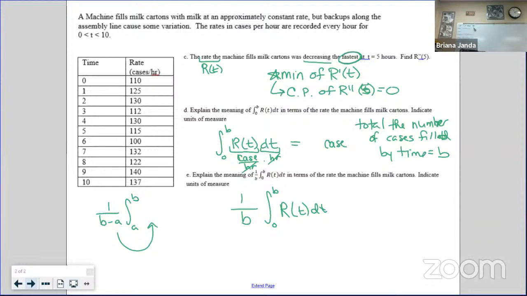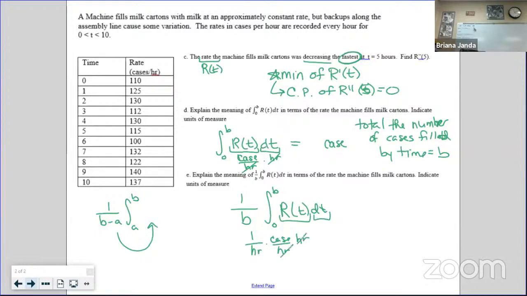Now, let's say I panic and I don't recognize that. Let the labels guide you. B is clearly a time because it came from this interval. And so this would be 1 over something in hours. R of t is in cases per hour. dt is in hours.